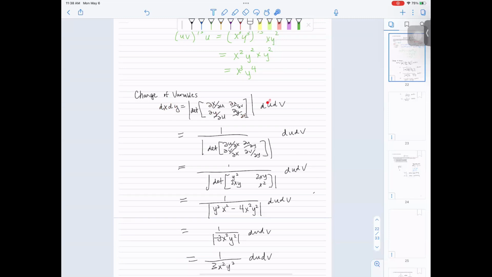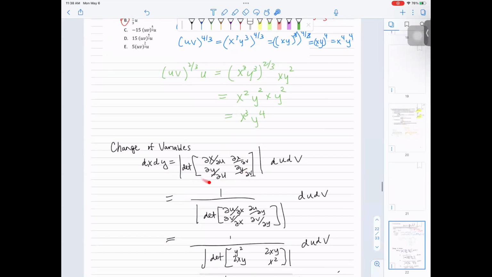And the inputs are whatever I write over here, which are U's and V's. Those are the columns. But I don't know how to find this determinant because this requires me knowing what X is equal to and what Y is equal to, so that I could take the partial of this with respect to U, and that would go over here. But I don't have that.